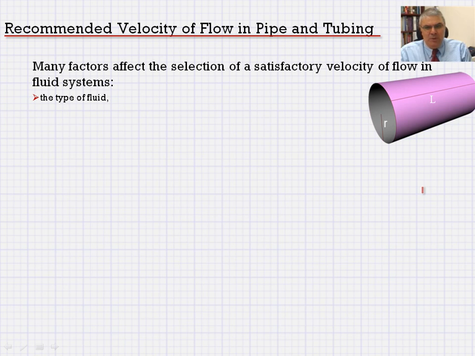Of course, that would tell us the information about the viscosity and how the inner surface of the tube can be. The length of the flow systems. As we are sending the fluid through longer systems, of course, we are going to have more energy loss as the fluid flows. The type of pipe or tubing, because it would provide us with the level of friction that is required for that particular system.